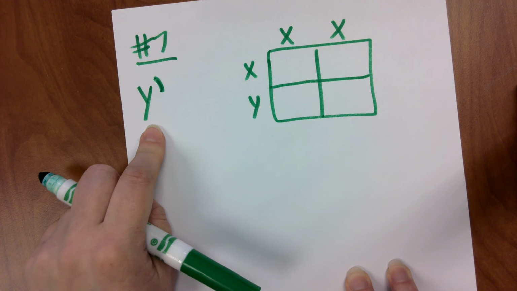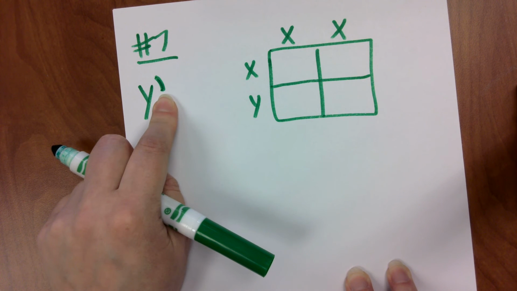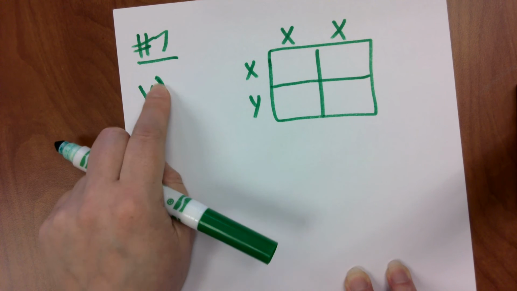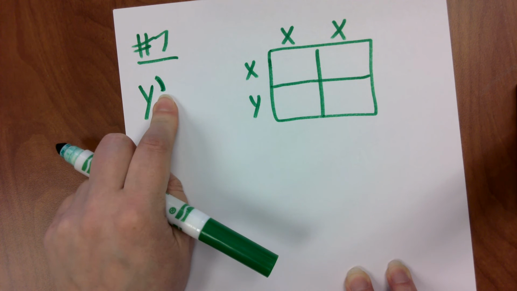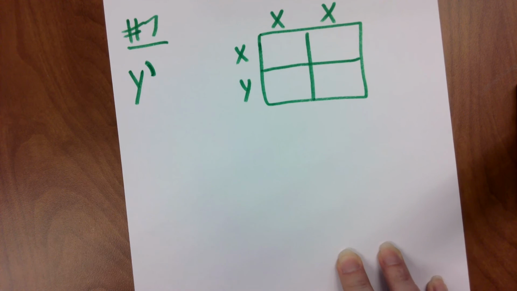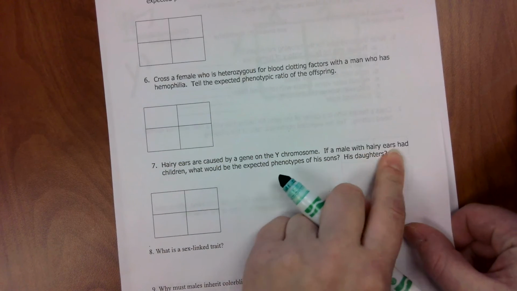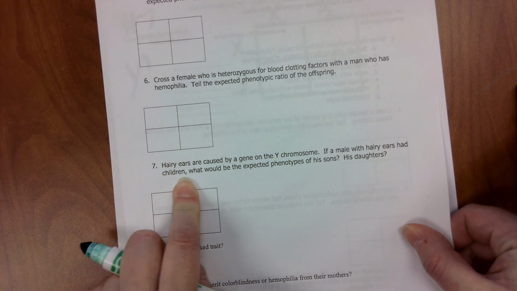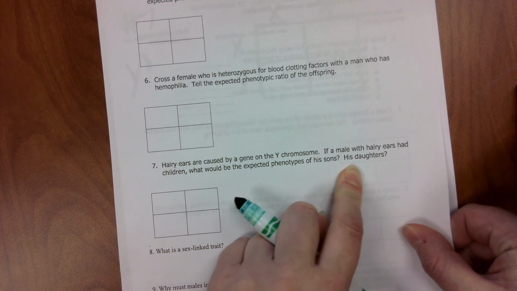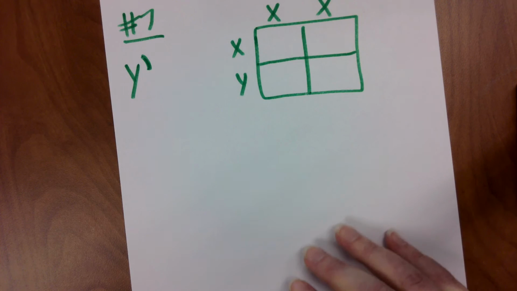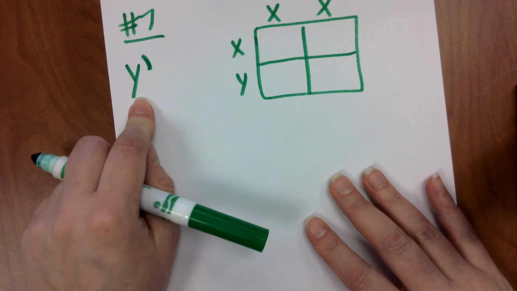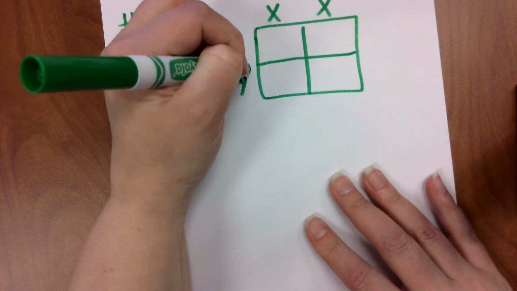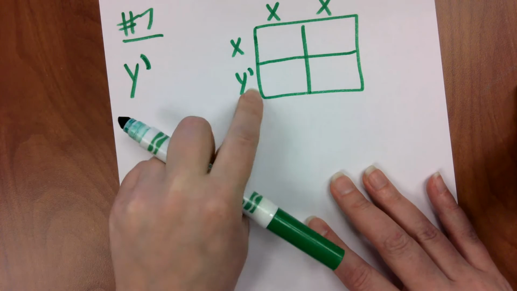If you want to put a letter up here, that's perfectly fine. I'm just going to put a little dashy dash up here to represent that it is affected. Okay, so it says, if a male with hairy ears has children, what would be the expected phenotypes of his sons and his daughters? Since it's only on the Y chromosome, if he has hairy ears, it's affected.